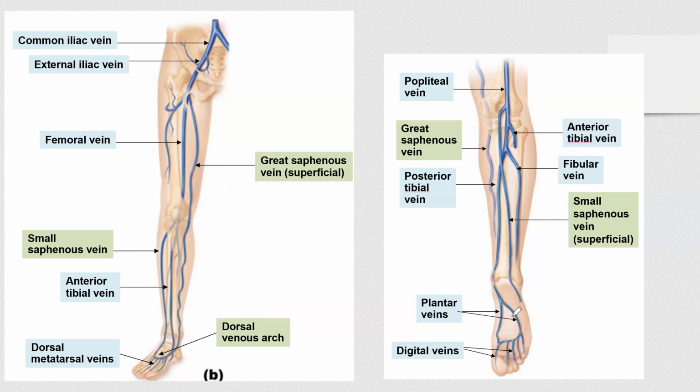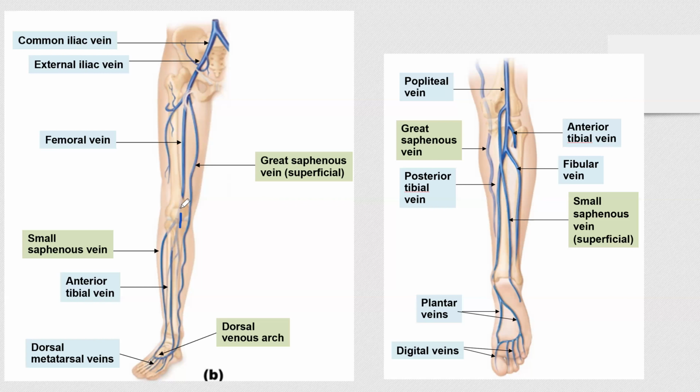And posterior tibial vein is formed when small veins come together, right? The small veins form bigger veins, right? So we have digital veins, we have our plantar veins, medial and lateral plantar vein, and we have our posterior tibial vein. And posterior tibial vein connects to the fibular vein, connects to anterior tibial vein, becoming popliteal vein, right?